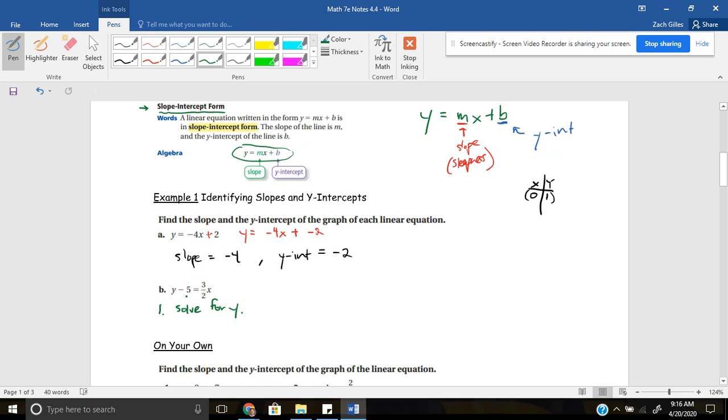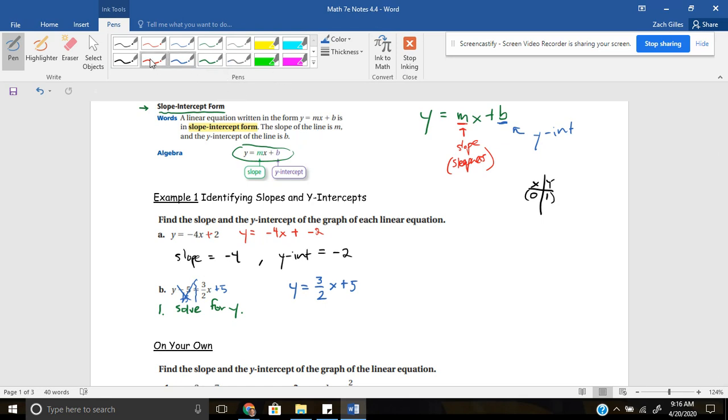Here, we're not solved for y, but it's just a quick and simple step that we need to do. What is being done to y on the left-hand side of my equation? It's being subtracted by 5. So to undo that, you just add 5 to both sides. Negative 5 plus 5 would cancel, and we'd be left with y equals 3/2 x plus 5. And now we're in slope-intercept form.